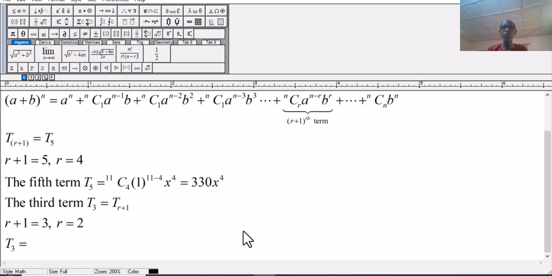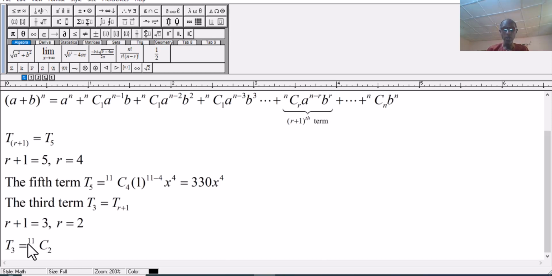So for my T3, the third term, you follow that formula again. Your n is 11, so 11 combination 2, our r is 2.